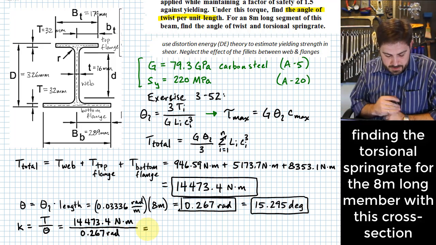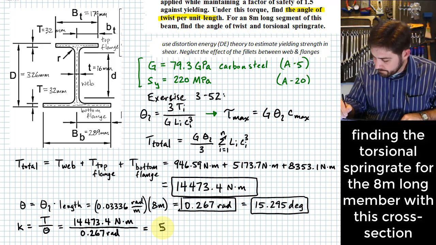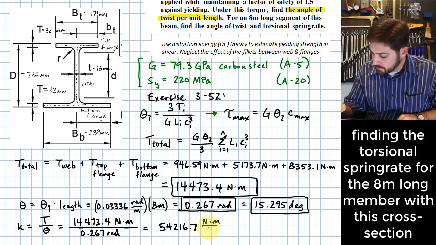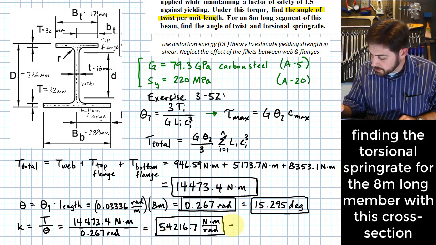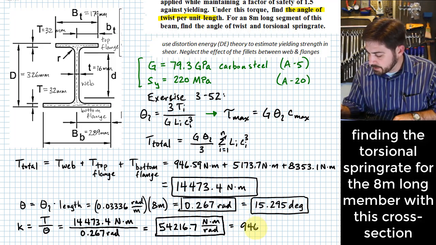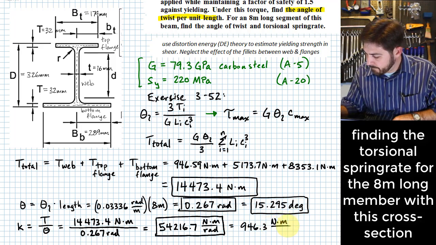And when we plug those in, that turns out to be 54,216.7 Newton meters per radian. Or if you want to express this in terms of Newton meters per degree, this is just 946.3 Newton meters per degree.